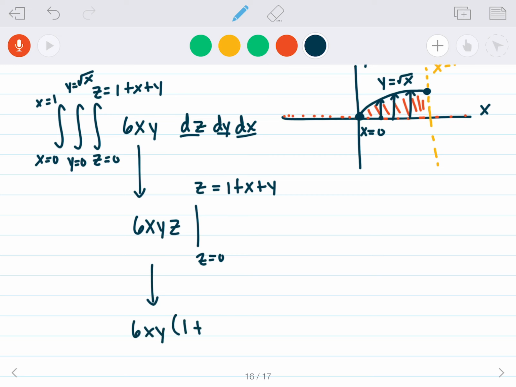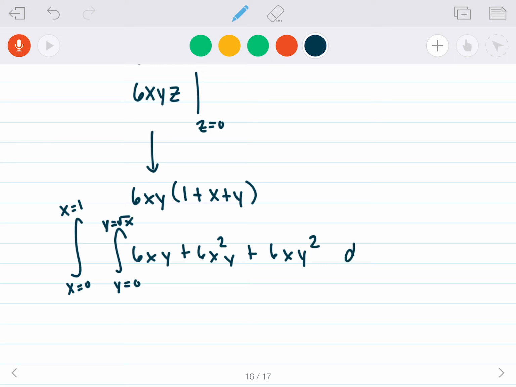And now I can put my bounds back in: y equals 0 to y equals square root of x, and then x equals 0 to x equals 1. And this is going to be dy first, followed by dx.